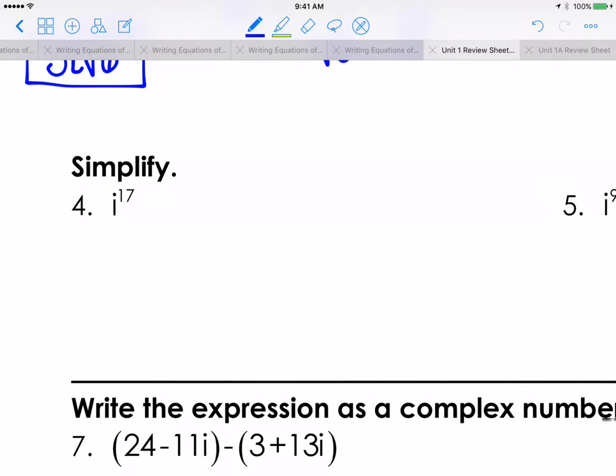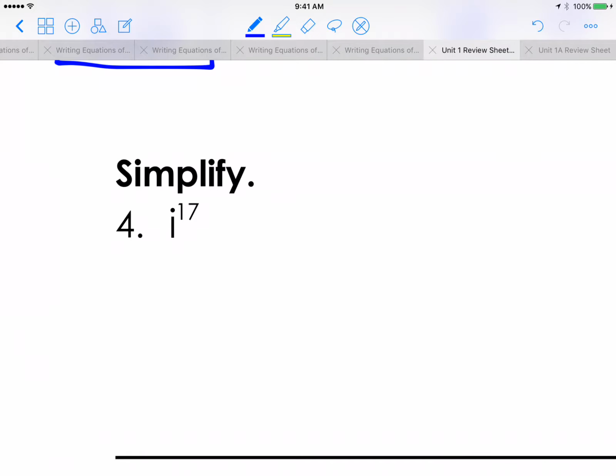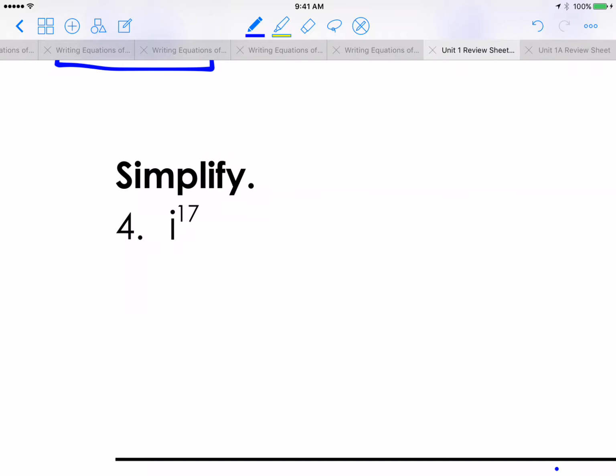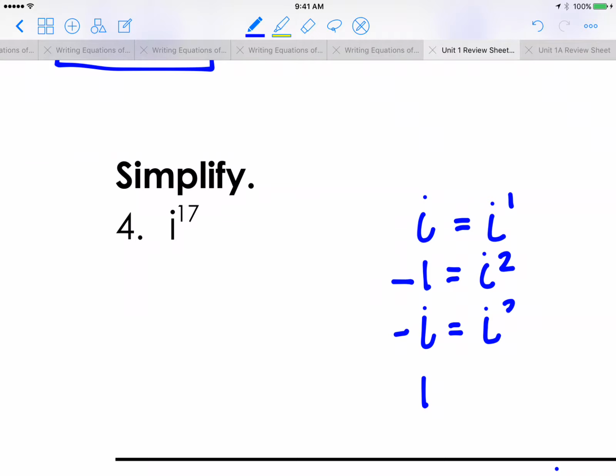Okay, let's go look at 4. Now we talked about the pattern being i, negative 1, negative i, 1. So i is i to the first, this one is i squared, this one is i to the third, and this is i to the fourth.